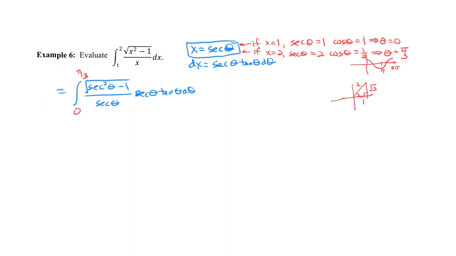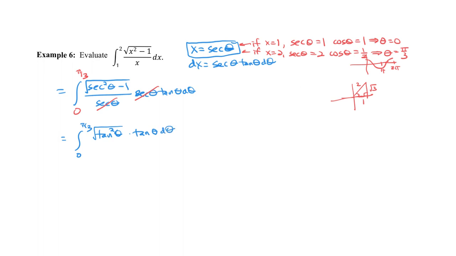Okay, so back over here, we've changed these limits, and now we can do some canceling. We've got a secant theta, so we can definitely get rid of those. Also, we've got a secant squared theta minus 1, so that's really a tangent squared theta. So we've got 0 to pi over 3. Under here, we've got tangent squared theta under the radical times tangent theta d theta.